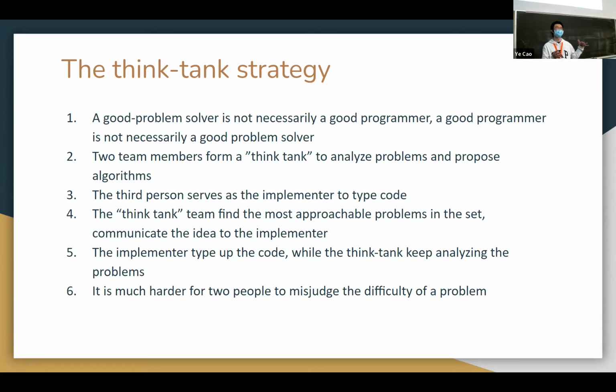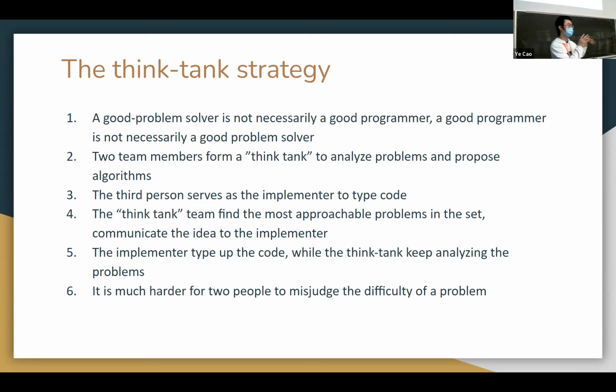Usually one of the best problem solvers on your team is in the think tank to analyze the problem and propose a solution, and the third person, who is really good at implementation, codes out the solution and submits. The think tank looks through the problems and finds the most approachable one first. Remember, solve the easy problem first.